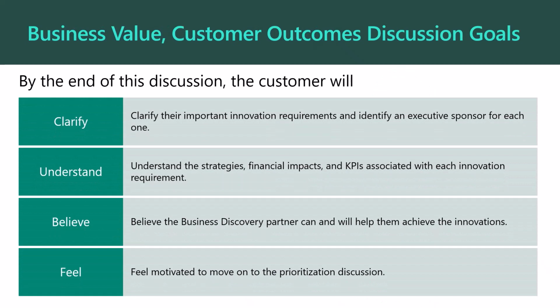So by the end of that discussion for that topic area, I think we should have clarity on why it's important. Like I said, you as partner understand the strategy, the financial impact, KPIs, how we're going to, yes, we want to do this innovation, and here's how we're going to measure whether it's successful or not.